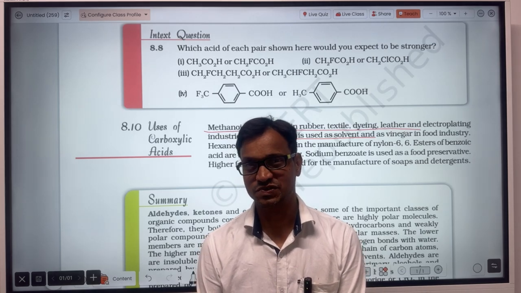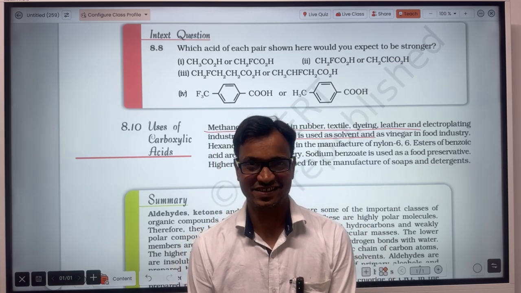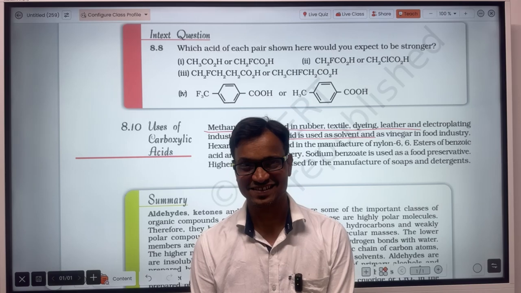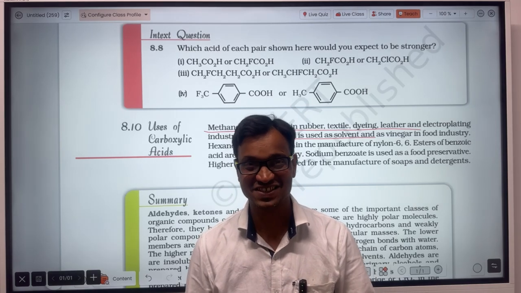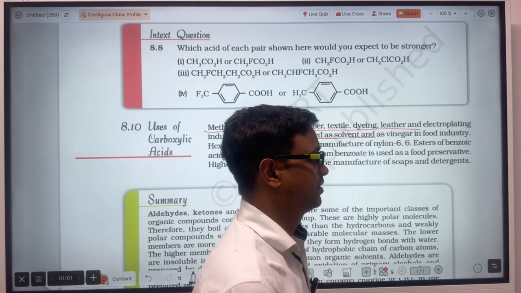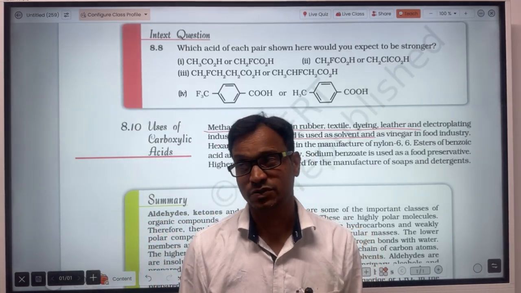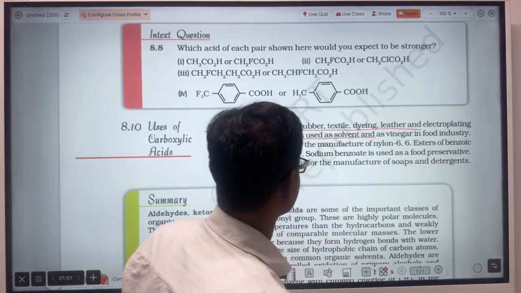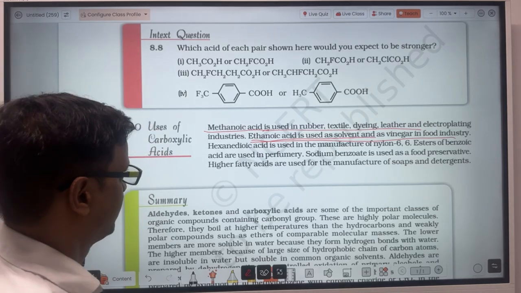In a few restaurants, you might have seen that the red chili is dipped in a liquid and the taste is sour. That is not water, that is vinegar actually. And in the food dishes also vinegar is used, particularly in the cooking of fast food. So ethanoic acid as a vinegar in food industry.